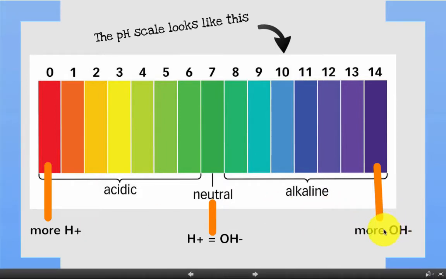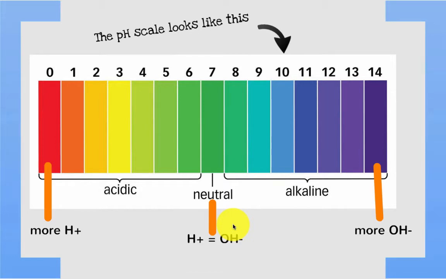If a substance has more hydroxide ions, it is a base. The more hydroxide ions it has, the stronger the base is. The more hydrogen ions it has, the stronger the acid is. If something is neutral, that means they are equal. The hydrogen ions equal the hydroxide ions. So neither side is winning. That's why the pH is neutral.